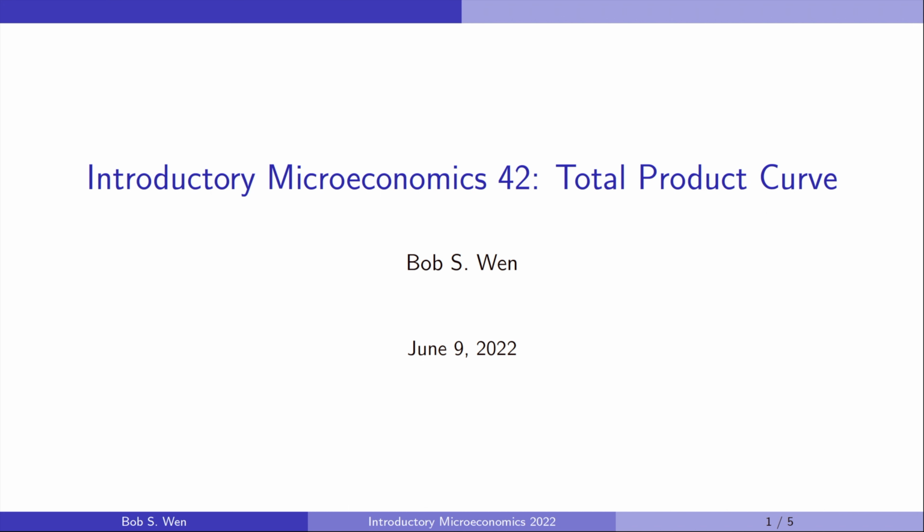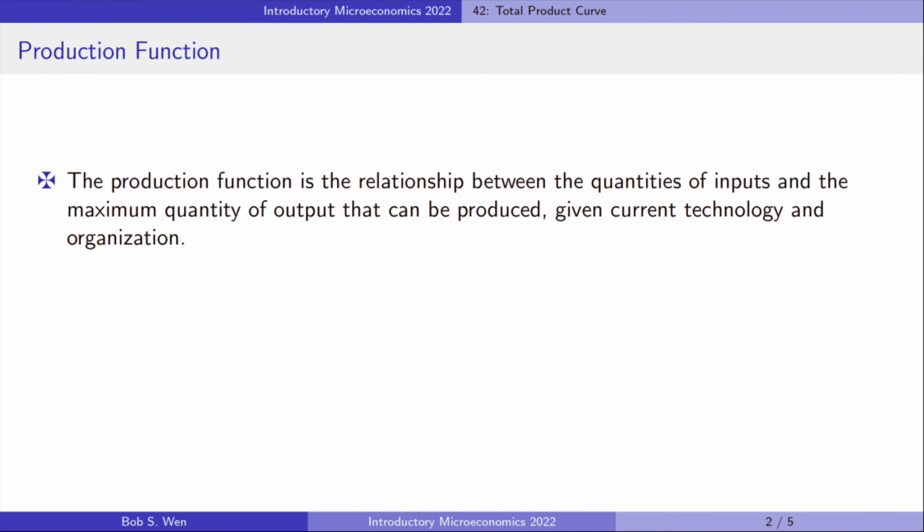The various ways that a firm can transform inputs into output are summarized in the production function. The production function is the relationship between the quantities of inputs and the maximum quantity of output that can be produced given current technology and organization.